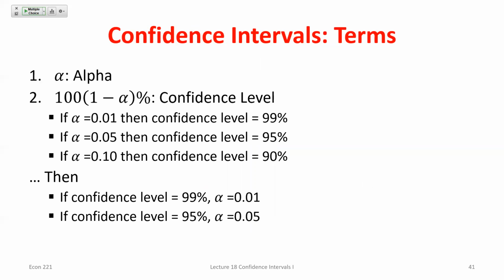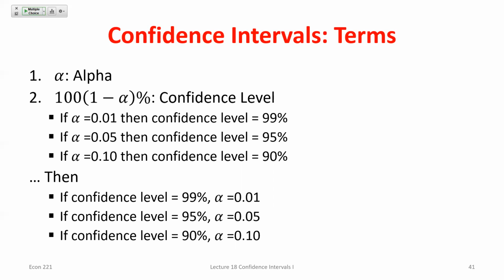So one term that we want to get down here, and it may not be quite clear that we've already been working with it, is that anytime we want a certain level of confidence, we're going to refer to this thing called alpha. The easiest way to remember alpha, I think, is that it's whatever percent is outside your confidence interval in decimal form.